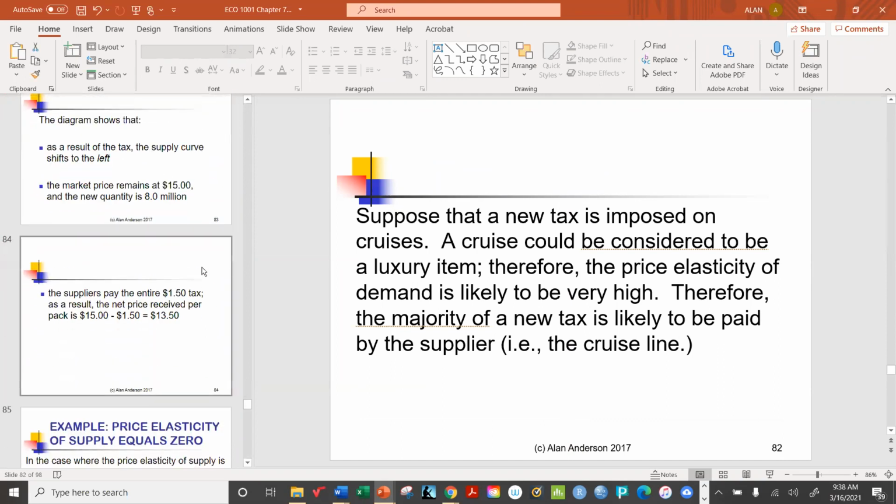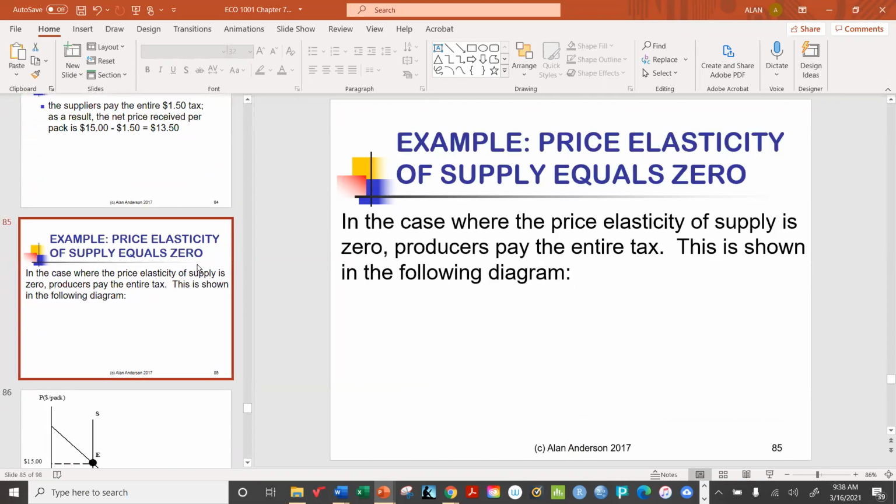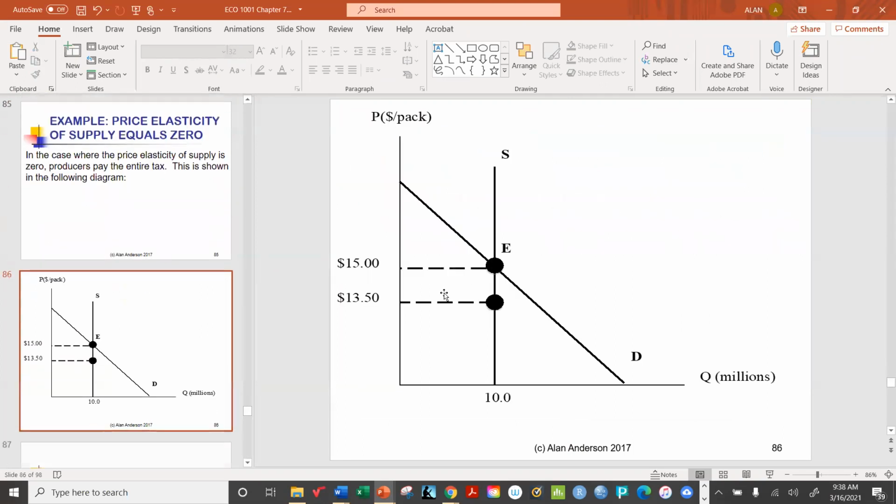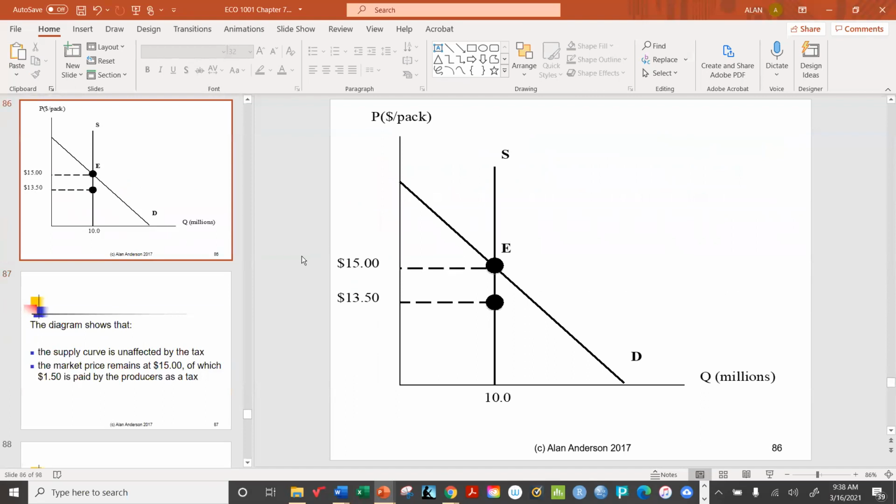All right. Well, anyway, so now what about supply? Supply can have different elasticities as well. So let's look at this case where the supply curve is completely vertical. So the price elasticity of supply is 0. Actually, let me do this in black.